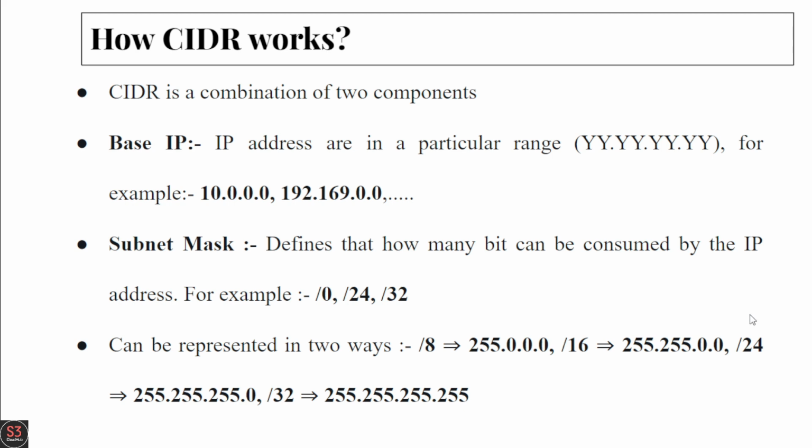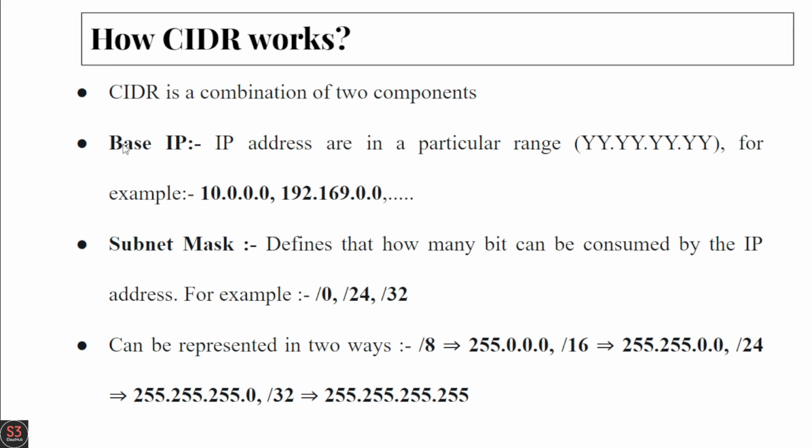If we have /24, then it is 255.255.255.0. And if we have /32, then the representation in IP format is 255.255.255.255. So this is how the CIDR actually works.